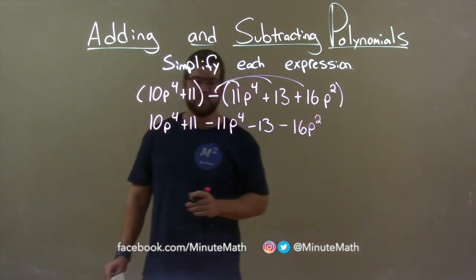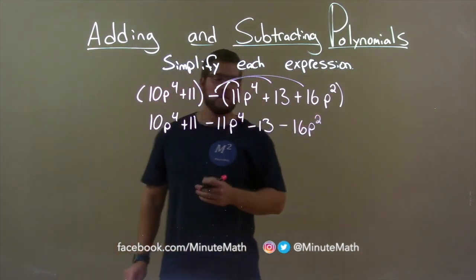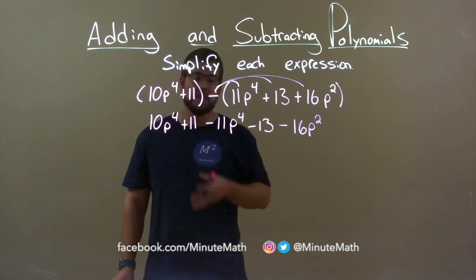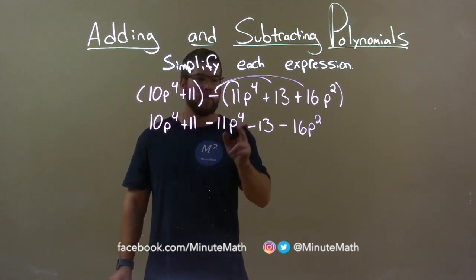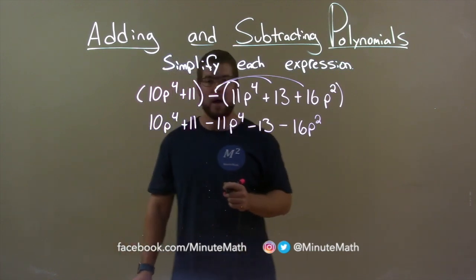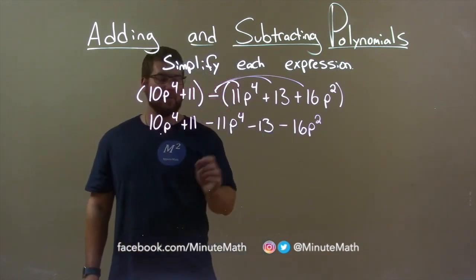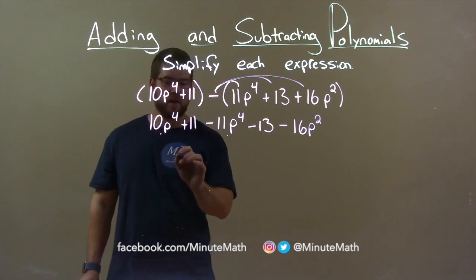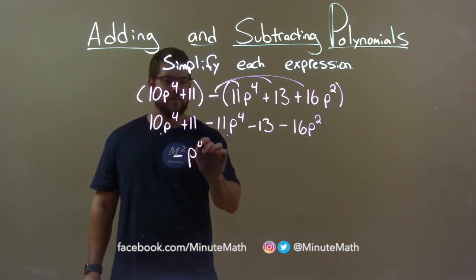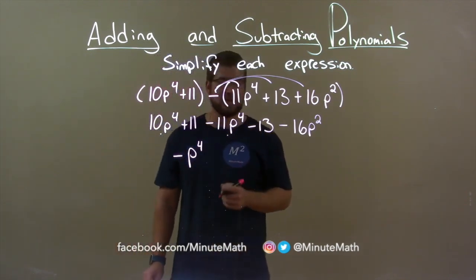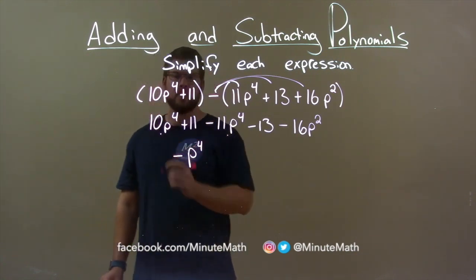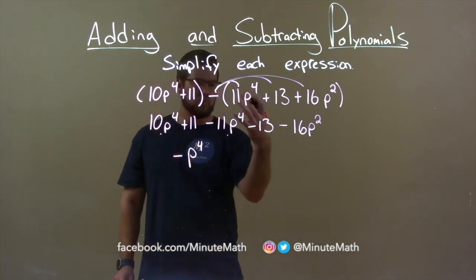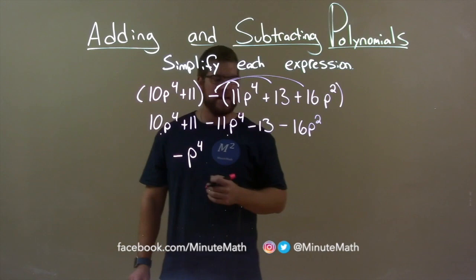Not too difficult, all right? So now we want to combine our like terms, and let's start with the highest degree. Highest power I see is to the fourth power. So we have 10p to the fourth and minus 11p to the fourth. That becomes a minus 1p to the fourth, and you don't need the 1, the coefficient there. Okay? I put dots underneath to show that I've brought that term down so I don't forget anything.